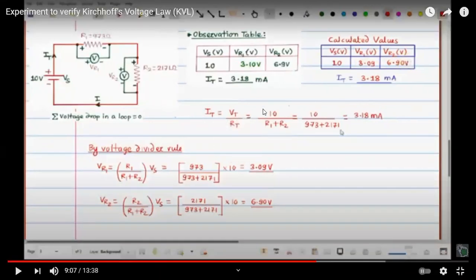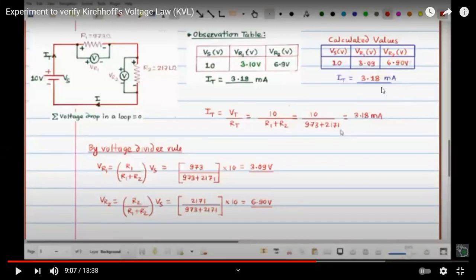Again over here you can see these are our measured values. Vs is 10, VR1 is 3.1 and VR2 is 6.9, and the calculated values are, as Vs is 10, VR1 is 3.09 and VR2 is 6.9.